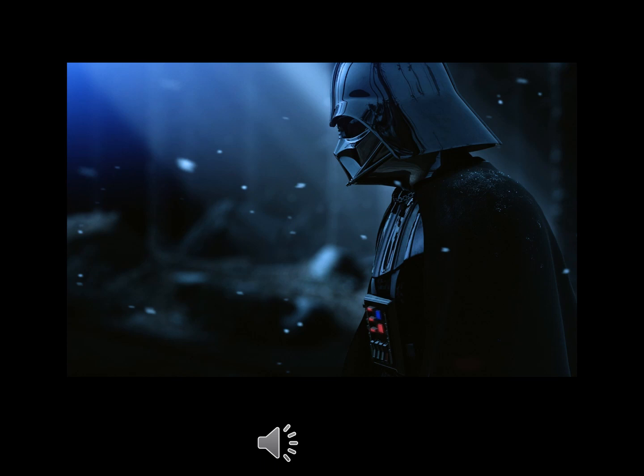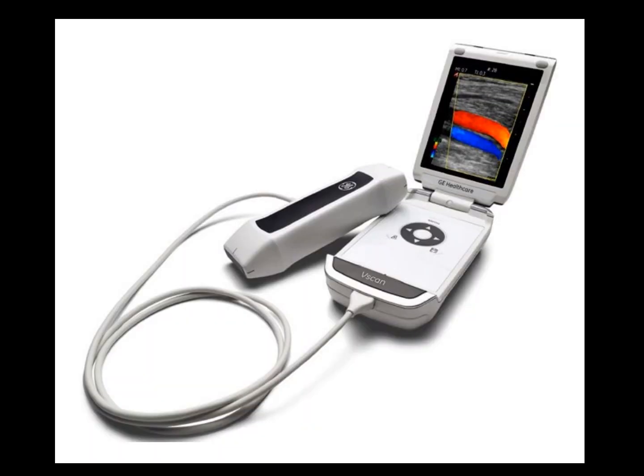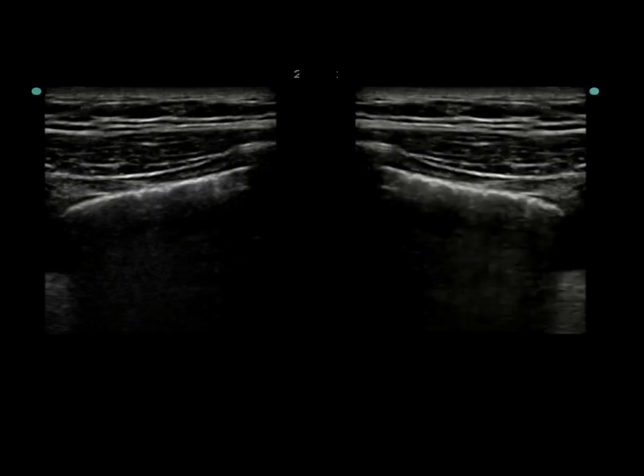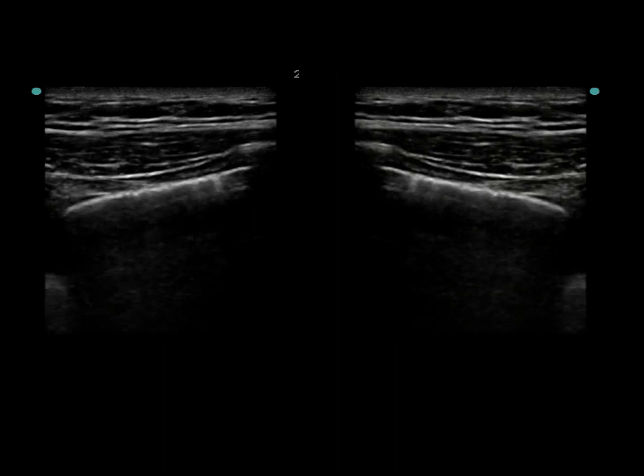Our first patient is a 45-year-old male with a history of tobacco abuse and cardiomyopathy who presents with a several-day history of increased shortness of breath. You fire up your pocket ultrasound machine and perform a quick exam. With the linear probe, you see lung sliding at the upper blue points bilaterally, excluding pneumothorax.